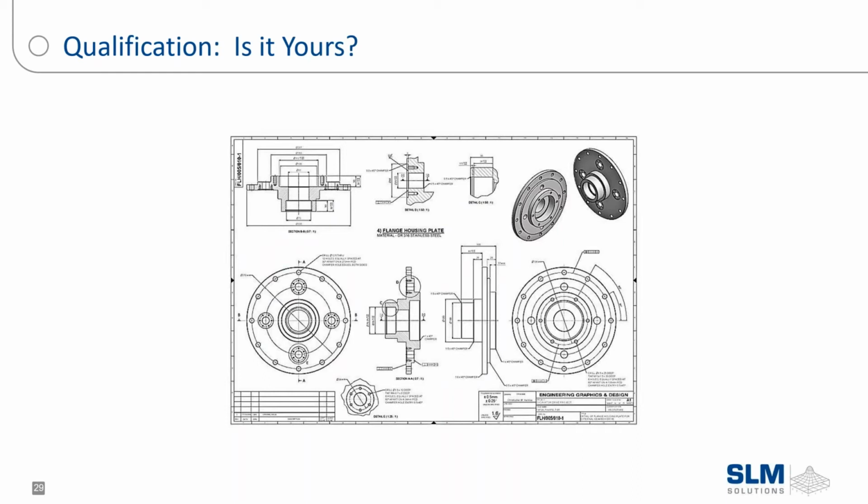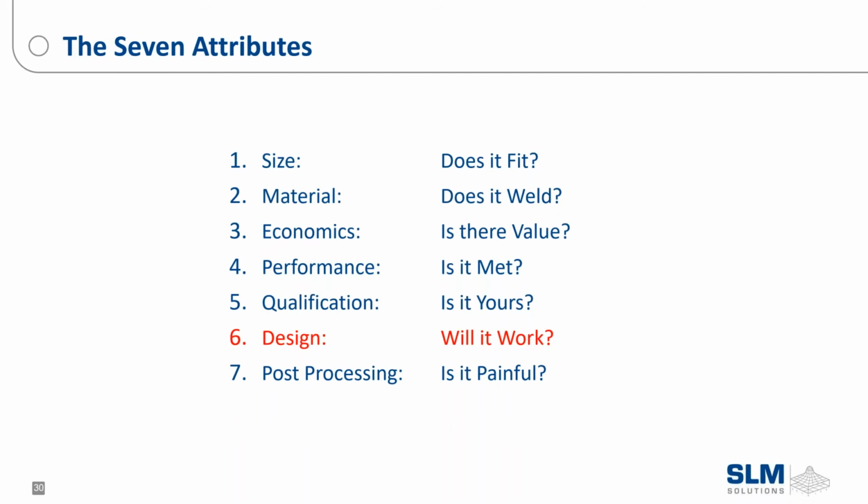Next attribute here is qualification. Is it yours? I know this sounds like a silly question, but we run into it quite often: is this part made to print? If the design does not call for the part to be made with the SLM technique, you won't be able to make the part using SLM.